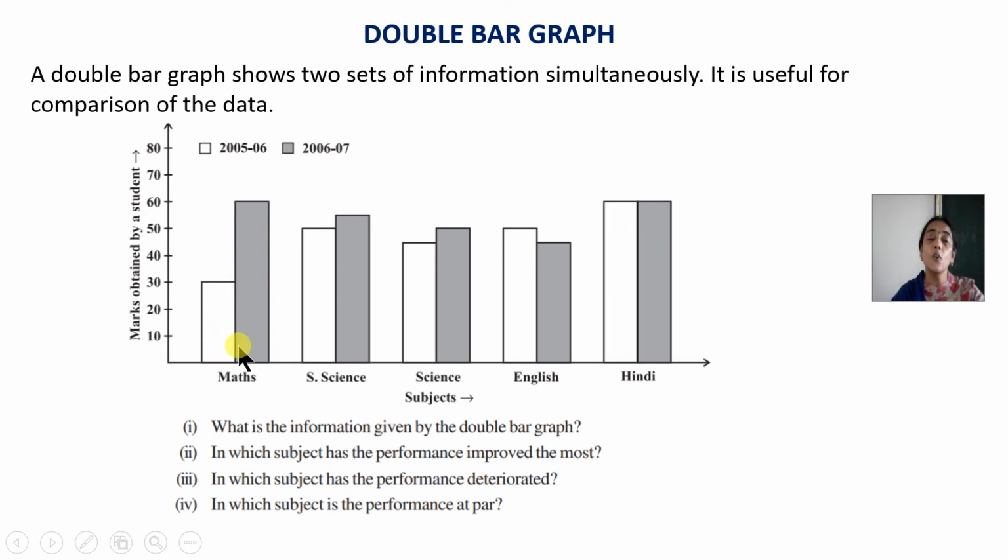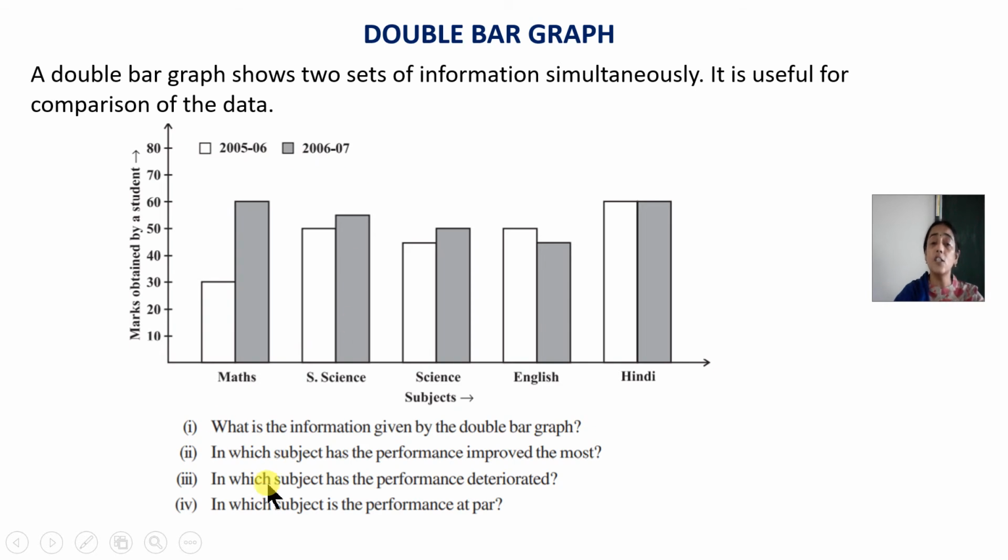So you can compare. So what is the information given by the double bar graph? The information given by the double bar graph is the marks scored by the student in different subjects in the years 2005-2006 and 2006-2007, you can see.